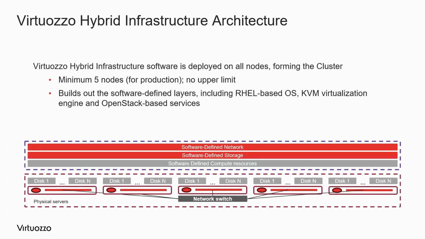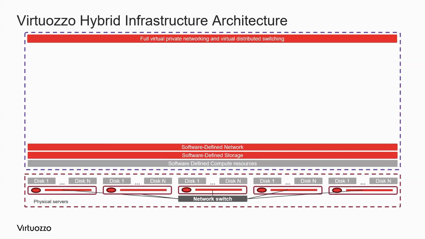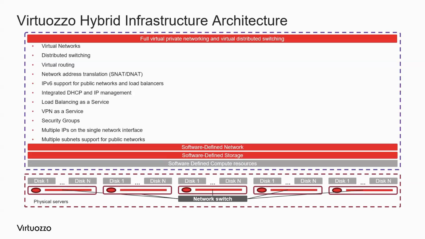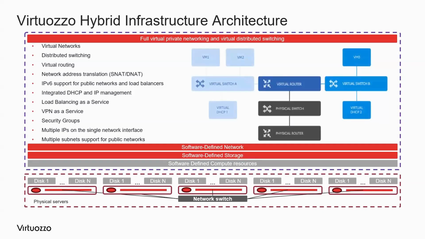We are very flexible in terms of the architecture and the hardware. It's just the RHEL compatibility that we are looking for, and that's it. And then we do have the full private networking part, which is fully virtualized, software defined, having the definition of virtual private network inside each of the tenants, fully isolated. We do have distributed switching, so we do have VXLAN inside the cluster.